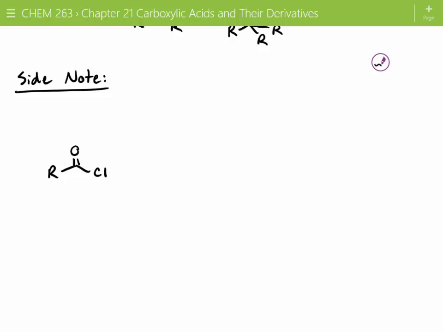It's brief, very brief. All right, let's say we've got our acid chloride versus our acid bromide. Which one's more reactive? Chloride. So there's some debate. Which one's the better leaving group?